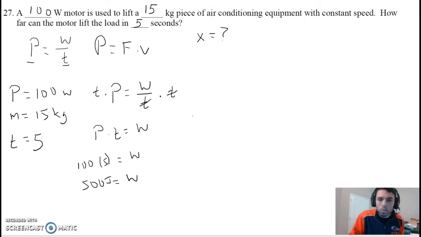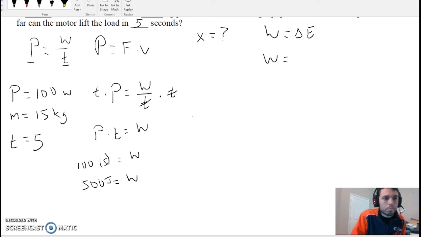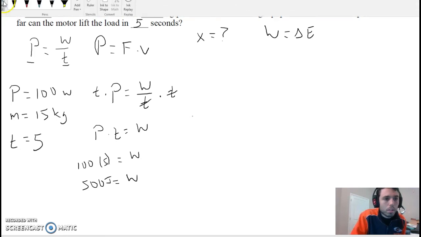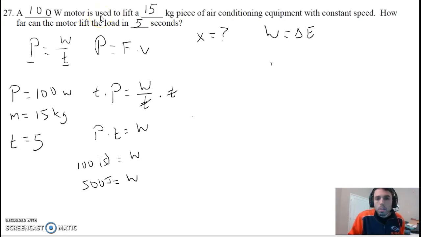Now we can go back to an old, remember we had 3 ways to find work. One of them was change in energy. That's not going to really help us find displacement though, right? Because there's no displacement in there. But there is a way to find work because we're lifting the equipment straight up, right?